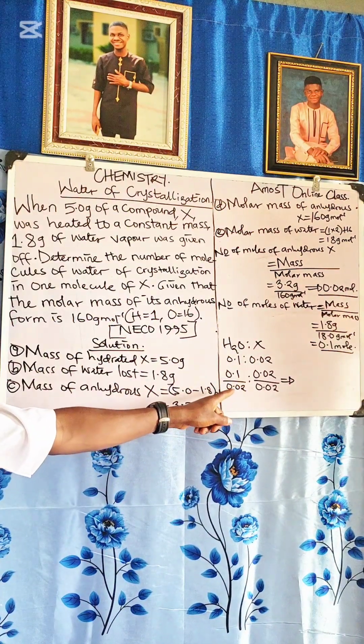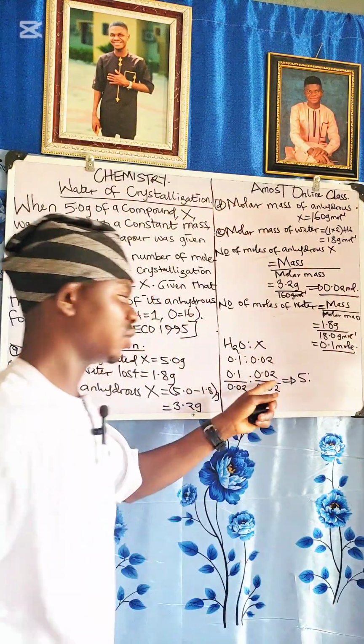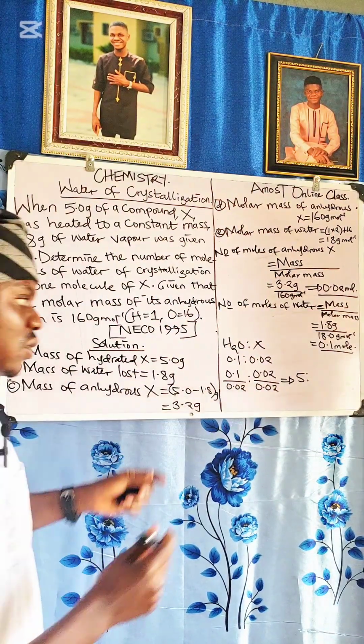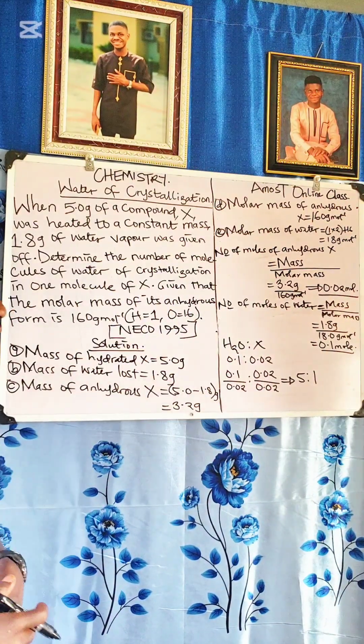0.1 divided by 0.02 is 5. 0.02 divided by 0.02 is 1. So the ratio now becomes 5:1.